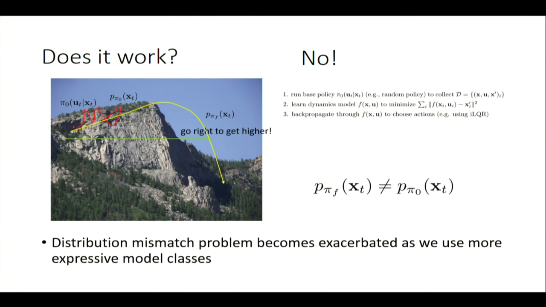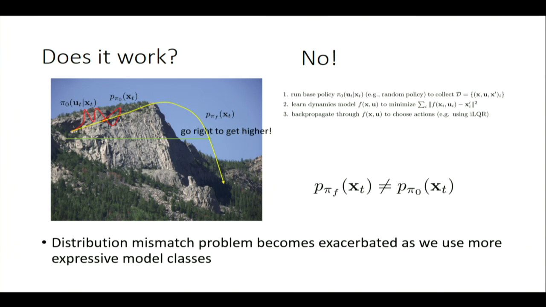The distribution mismatch problem becomes more exacerbated as we use more and more expressive model classes. So that's why on the last slide I mentioned that this version 0.5 algorithm is often used for system identification in more classical robotics domains, but in those cases, the model class is usually fairly constrained. It's something like, you write down the equations of motion, you write down the physics equations for your robot, and then you're just fitting a relatively small number of unknowns.